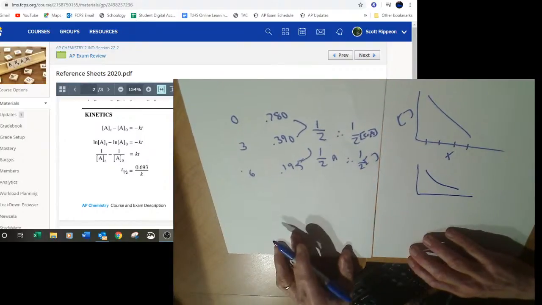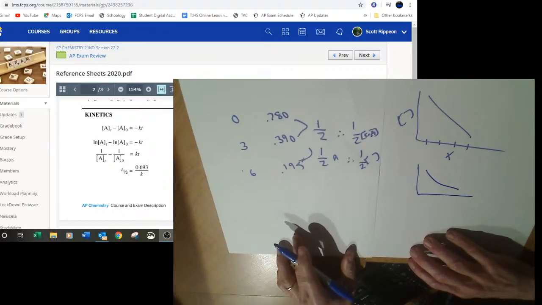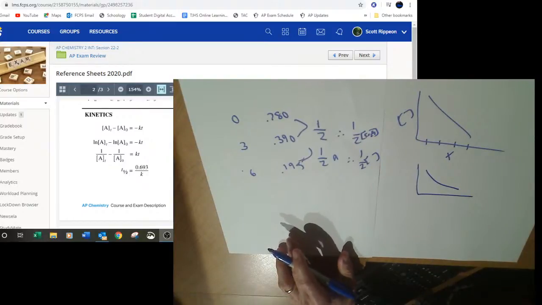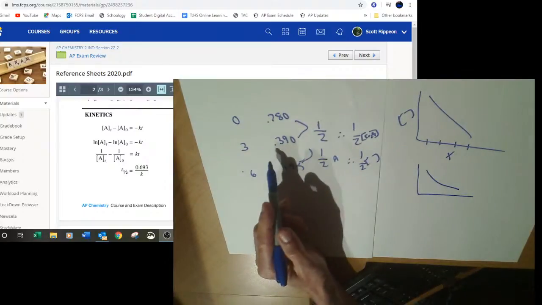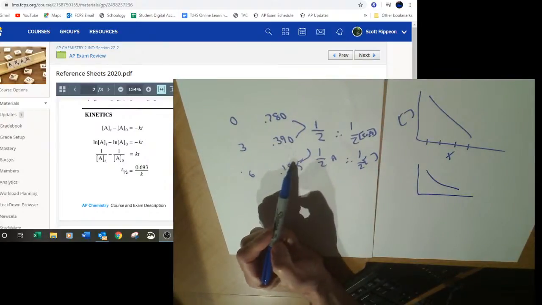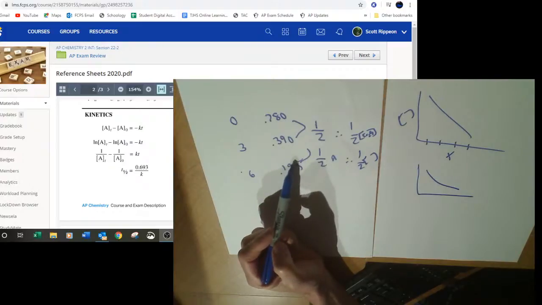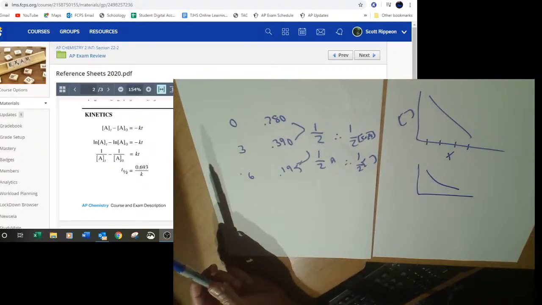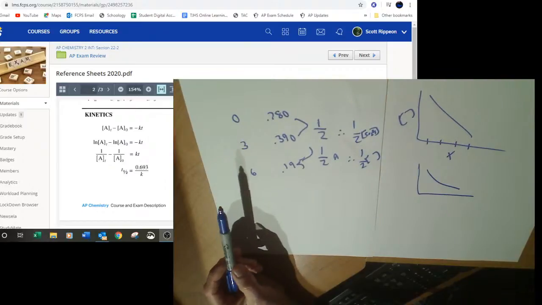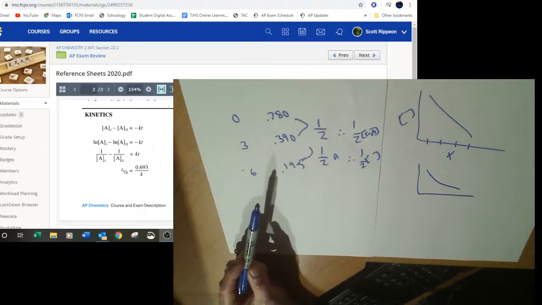Now, first order versus second order, if we look at 1 over each of those, even though I know that these aren't concentration data, I recognize that these are absorbances, we can treat them like concentration data. In fact, when you did part E, you noticed that the absorbance versus the concentration were proportional, and I think that's legitimate.